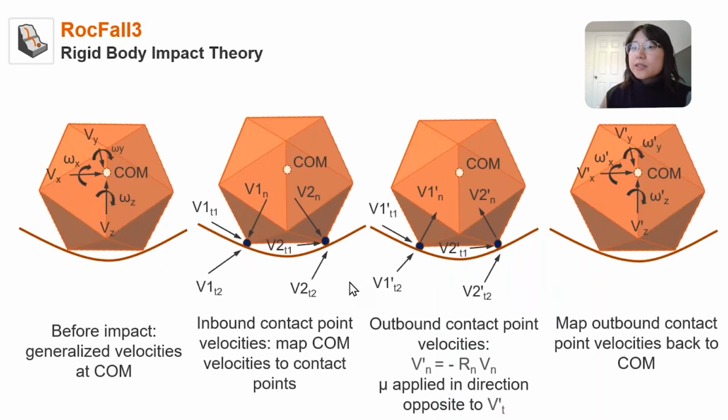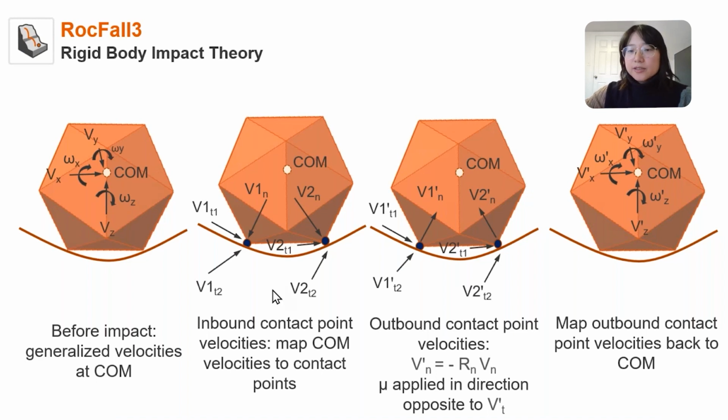Here, I'm showing the impact calculation sequence for rigid bodies. So before an impact, we have generalized velocities calculated at the rock center of mass. And generalized velocities consist of both translational and rotational components.